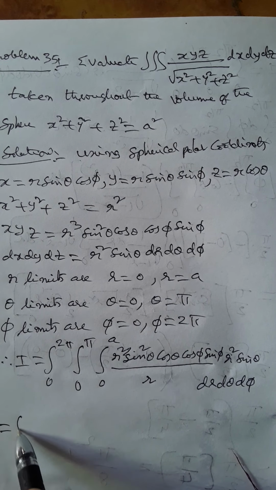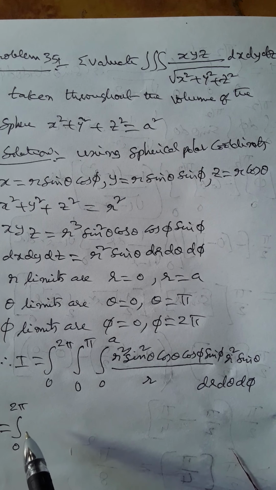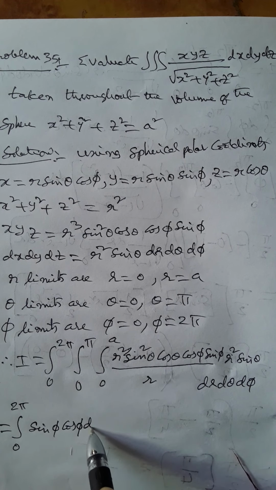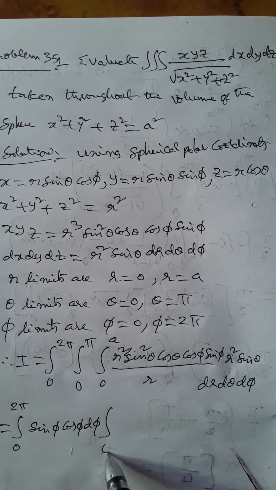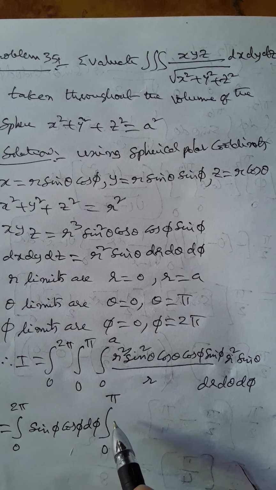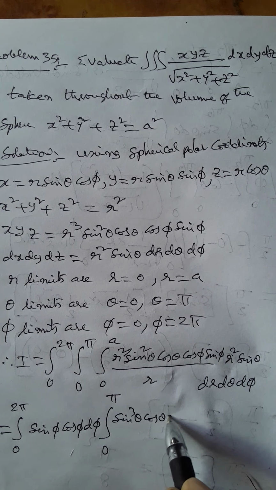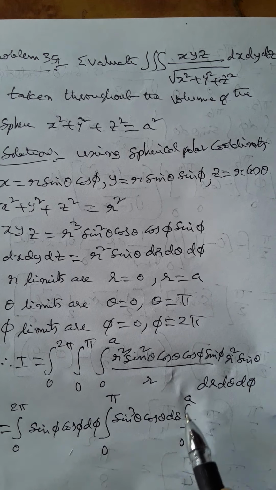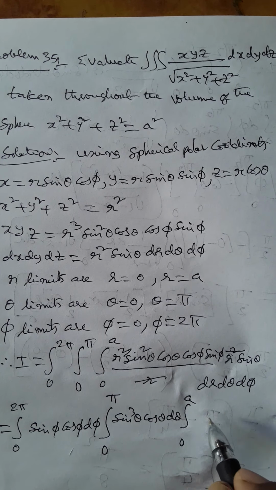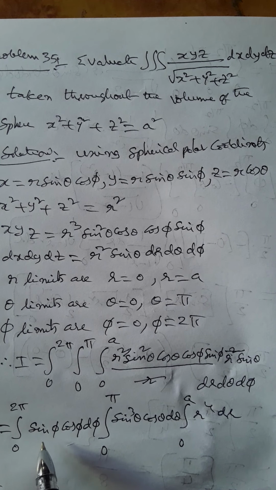So this is equal to 0 to 2 pi, phi limits: sin phi into cos phi d phi. 0 to pi, these are theta limits: sin cube theta cos theta d theta. 0 to a, r cancels, r power 4 dr.